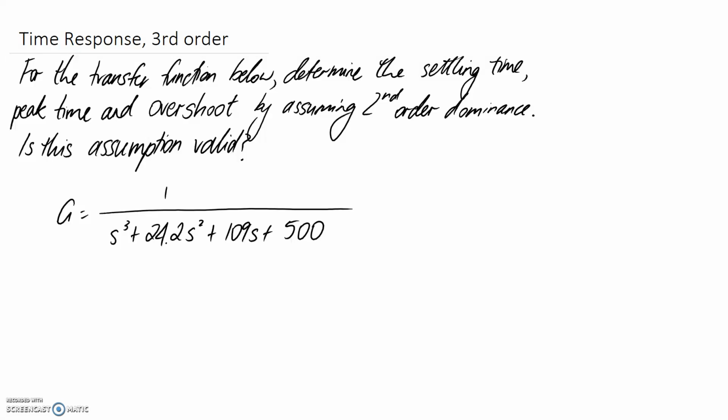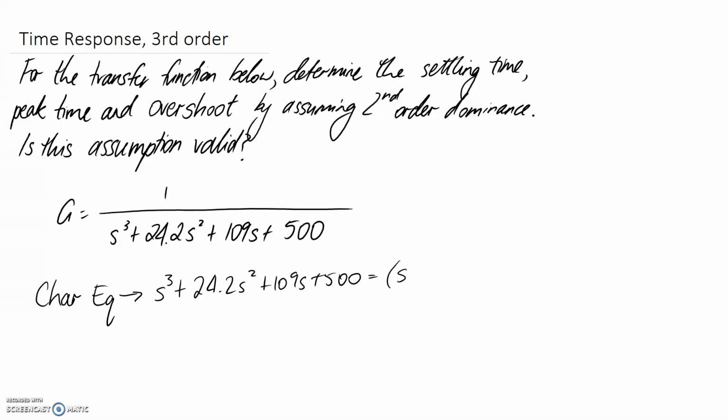So what I'm going to do is take out our characteristic equation and equate it to the general form. So the general form that we're going to use is (s plus p) times (s squared plus 2 omega n zeta s plus omega n squared).